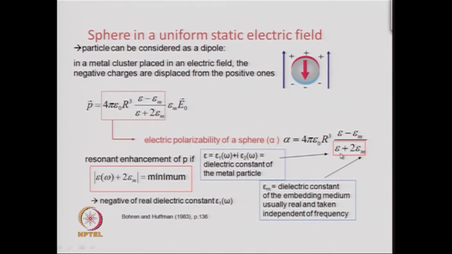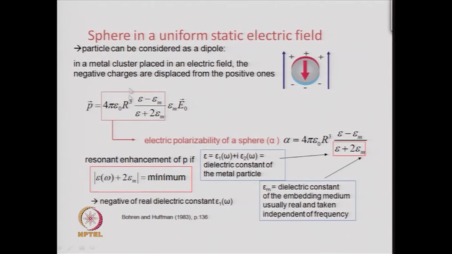Here this will go to 0 when epsilon plus 2 epsilon m becomes equal to 0, and that can happen only when epsilon is equal to negative of twice the epsilon of the medium. That is what is written in a different way: if the magnitude of the term in the denominator becomes a minimum, then alpha will become very high. So, you want to know when the electric polarizability will be very high.